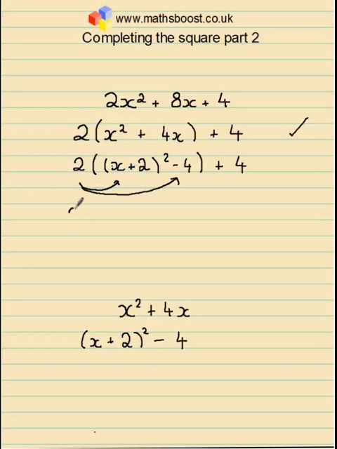I'm just going to write the number in front of this first term, which was the x plus 2 squared. And then I multiply the second term, but this time I actually carry out the multiplication. And of course, I've still got this plus 4 on the end. Finally, I collect like terms, and I'm done.